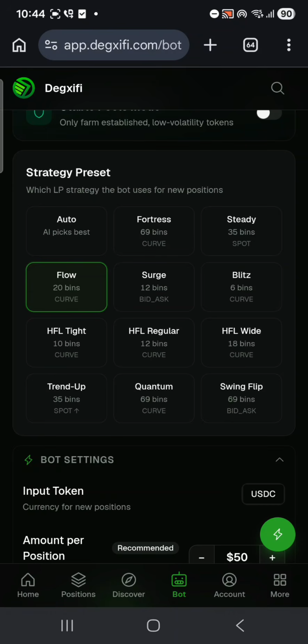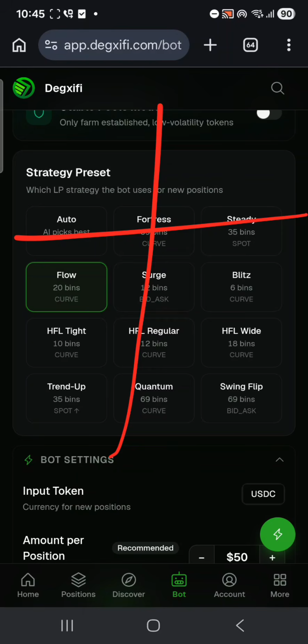That is the cause. However, this issue is completely solved in the V2, because the V2 bundles transactions. Before it goes out of range, the V2 rebalances it, spreads it into 50-50 again, 50% in the base token, 50% in the quote token, and that is how it's supposed to be.